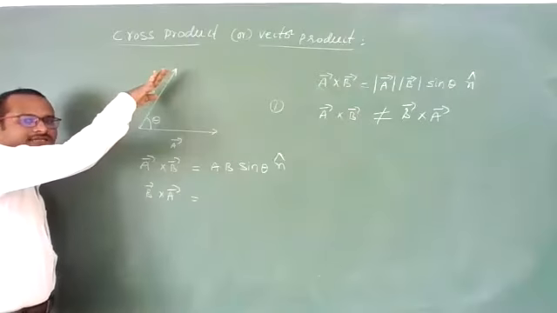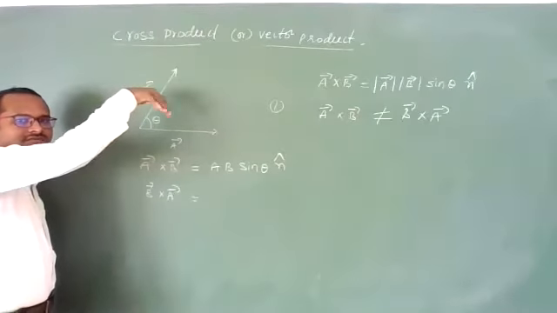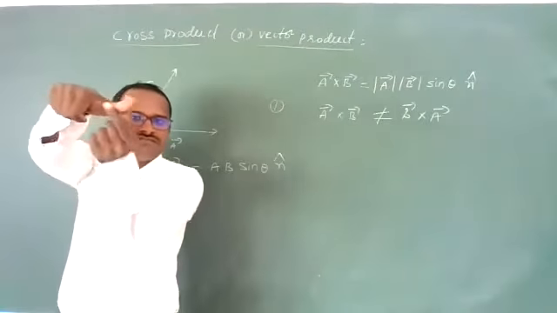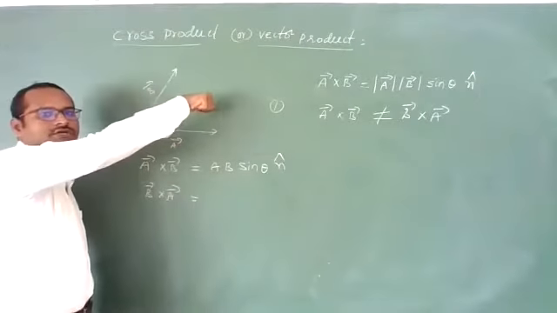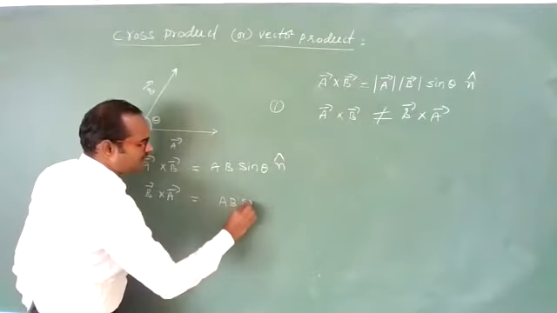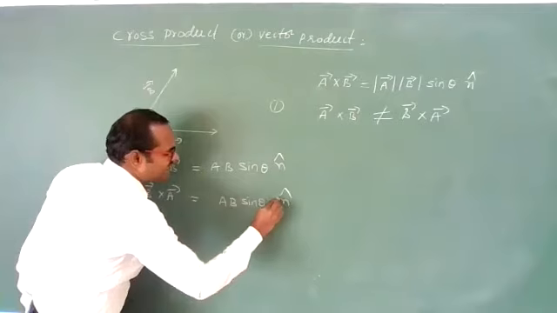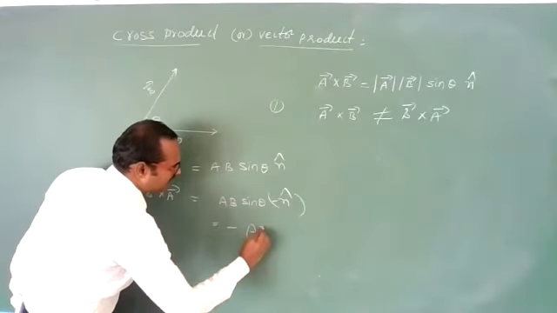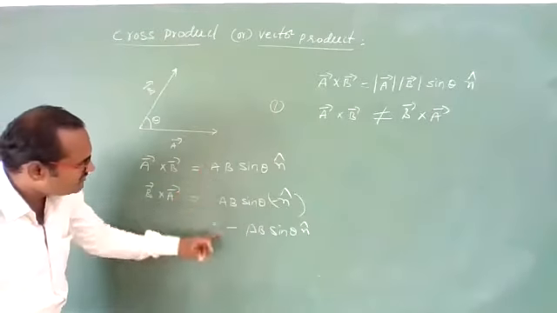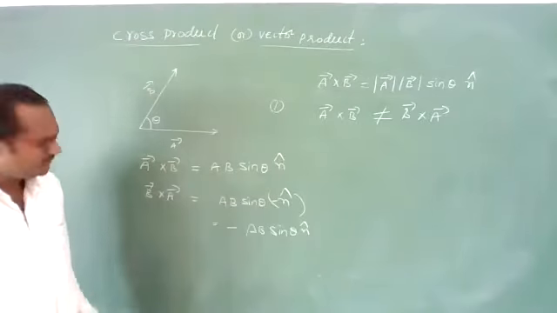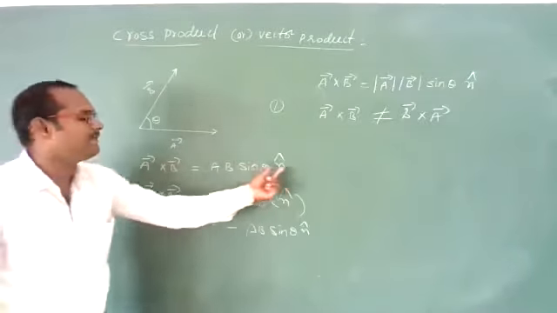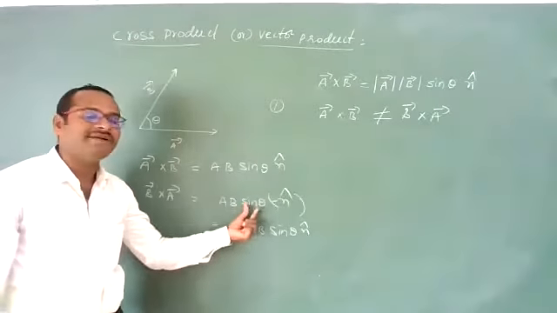I kept my hand in the direction of the first vector, and I am curling my fingers in the direction of the second vector. Now see, this thumb is going into the plane of the board. It is equal to AB sine theta with minus n cap, which can be written as minus AB sine theta n cap. So there is one difference with a minus sign. This minus sign indicates that if you do A cross B, it is perpendicularly outside. If you do B cross A, it will be perpendicularly inside.